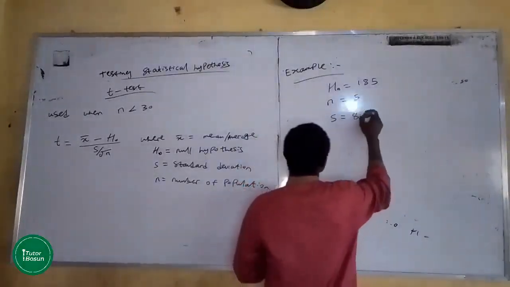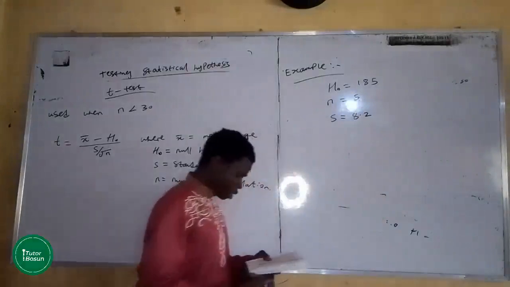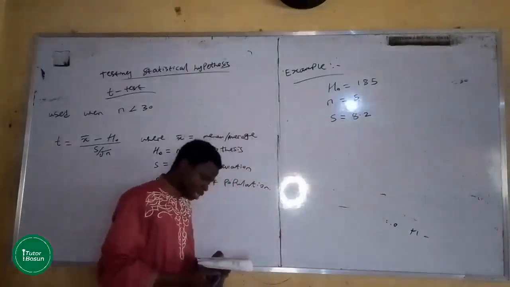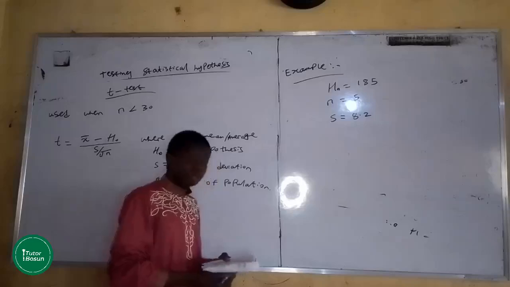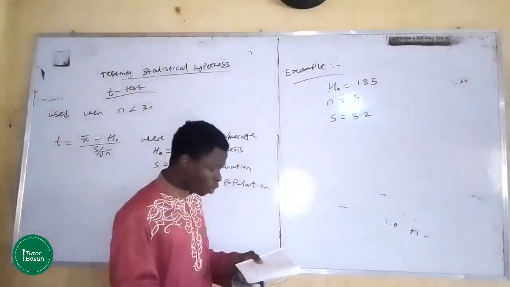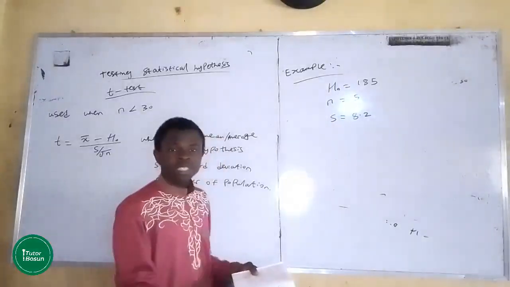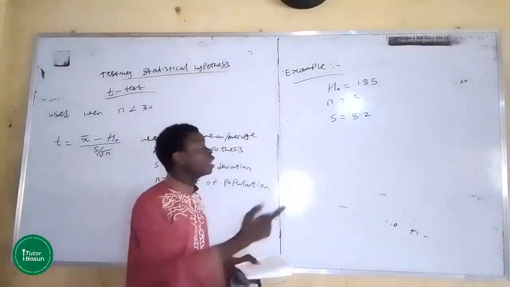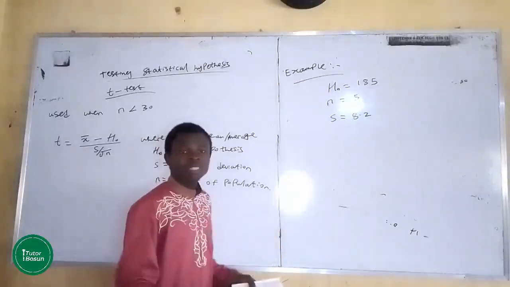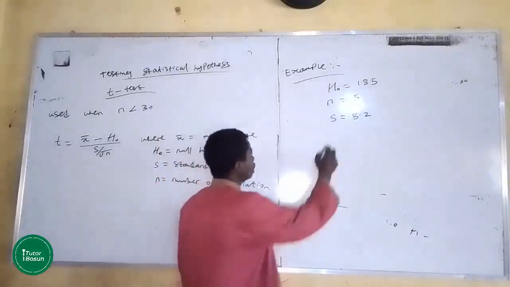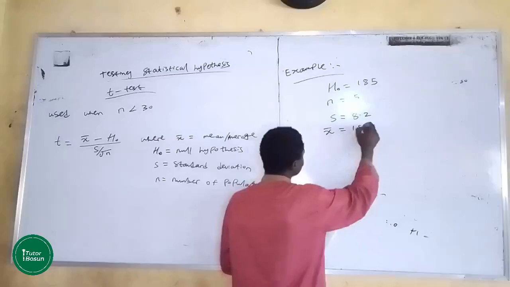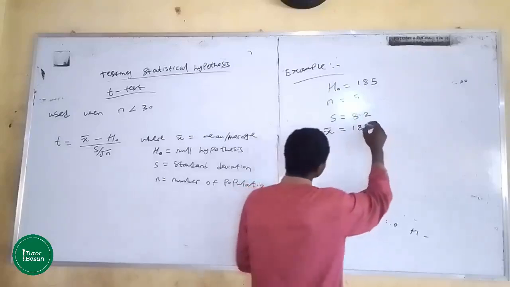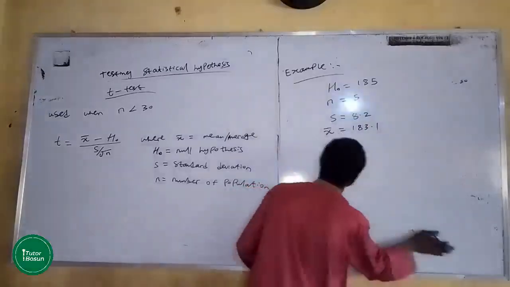S is equal to 8.2 pounds. And it also says that our mean breaking strength is 183.1. We are given 2 mean breaking strengths, and we already said we should regard 185 as our null hypothesis. Automatically, the second mean breaking strength will be the average, that is x bar, which is equal to 183.1.